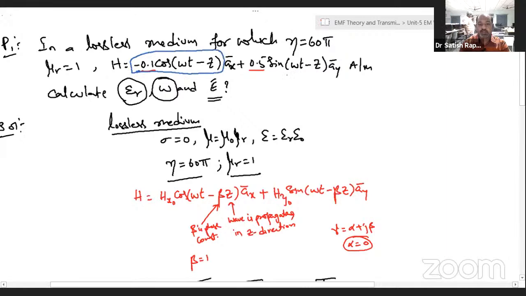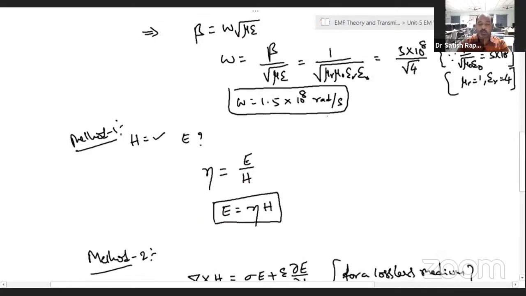This is the x component, and this is the y component, and the z component is 0, so there is no z component.